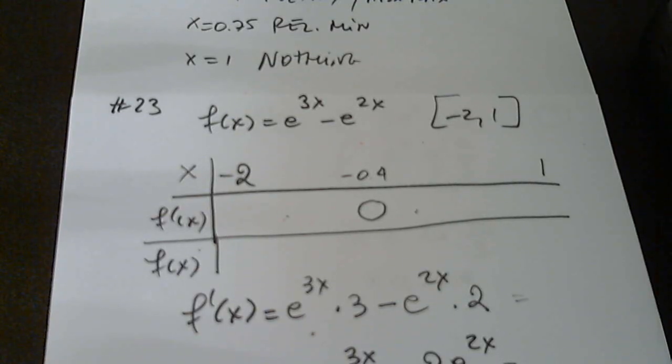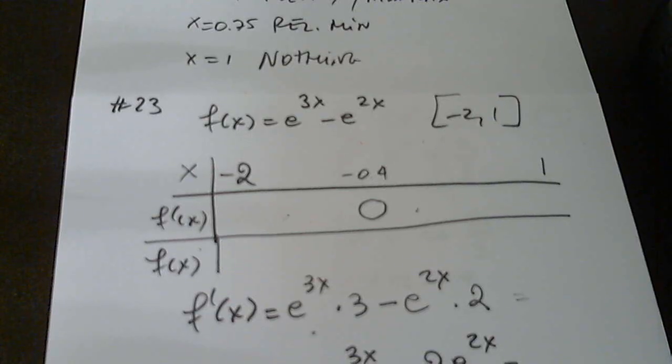So I want to plug into the function a number to the left of -0.4, like -2, and the other on the other side, 1. So at -2, both are negative numbers.